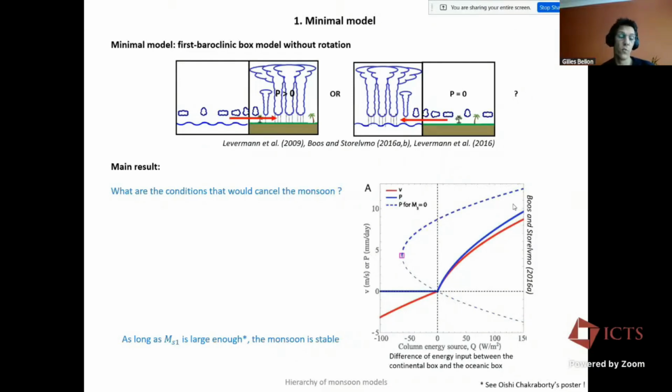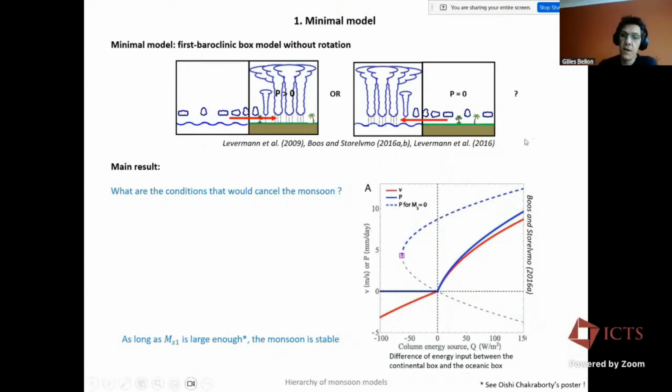So they also looked at what you would need to actually get an abrupt transition and maybe a hysteresis. And that's what's shown by the dashed blue line here. If you take a gross moist stability equal to 0, then you can get an abrupt transition of the monsoon, because you get a hysteresis.